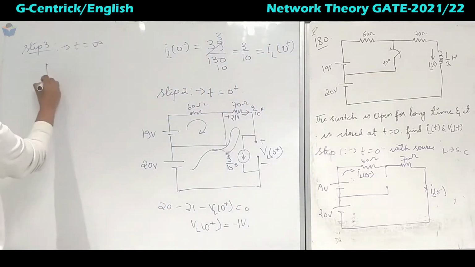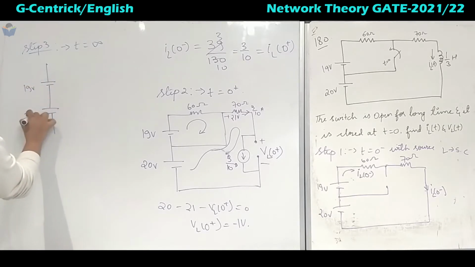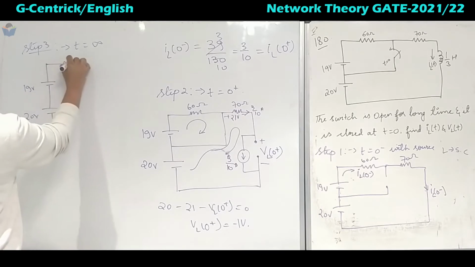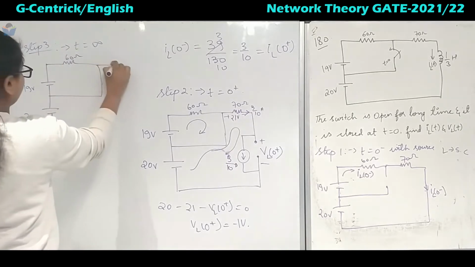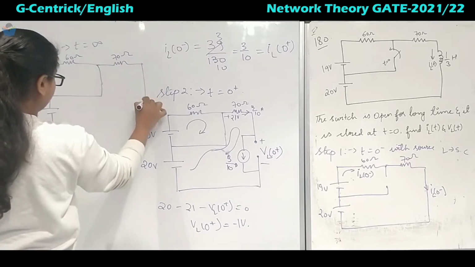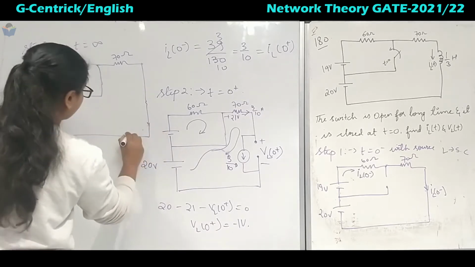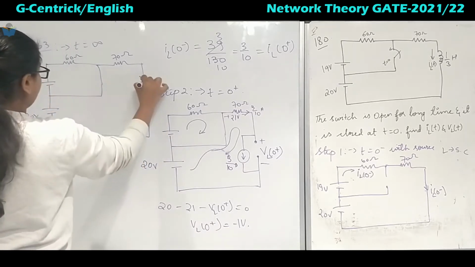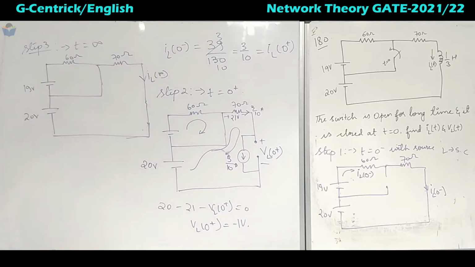The circuit becomes, this is again 19 volts, 20 volts, this is 60 ohm, this is short circuit, and 70 ohm. This is IL of infinite. This is 20 volts. We have to find IL of infinite.